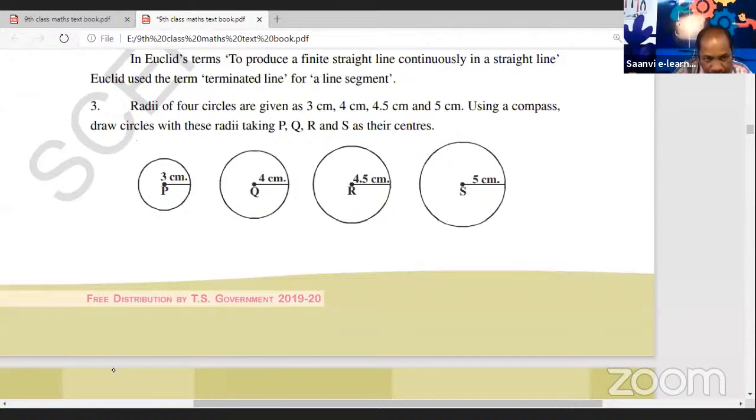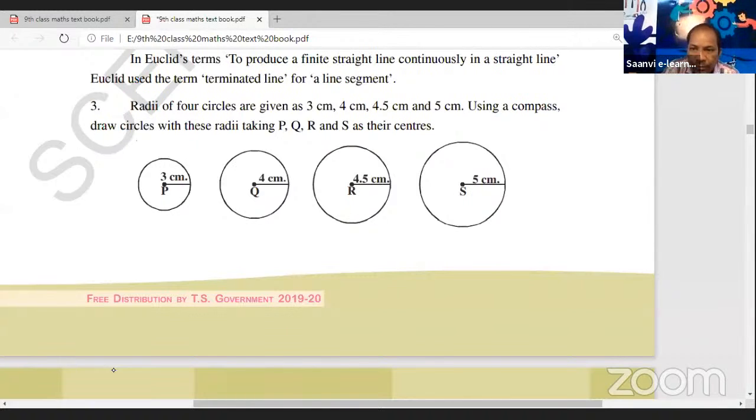So from this center P with 3 centimeters radius, we can draw one circle. If we take another center Q and the radius 4 centimeters, we can draw a circle with that also. Otherwise, if we take another point R and the radius 4.5 centimeters, we can draw the circle with this also.